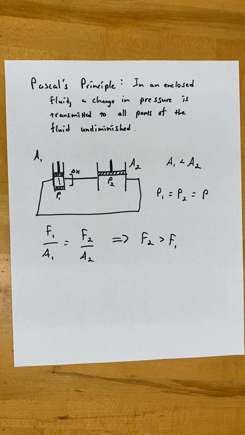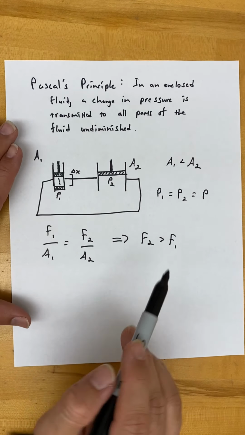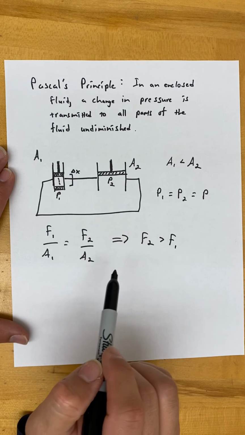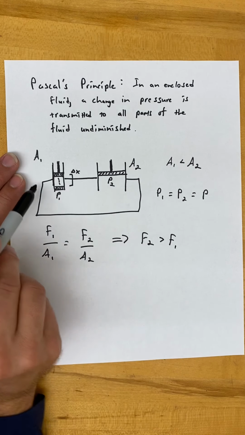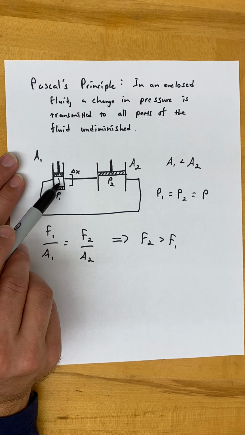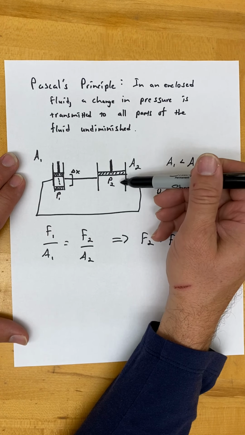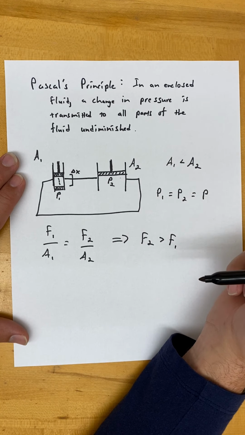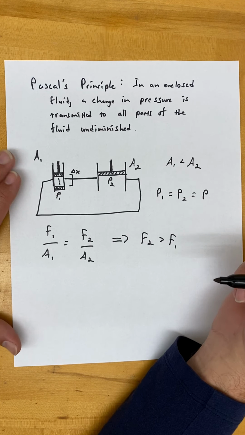That's very interesting. In effect, I have used Pascal's principle to make a force multiplier. See what happens? I apply a little bit of force here, and a lot of force is applied over here. The applications are endless, right?